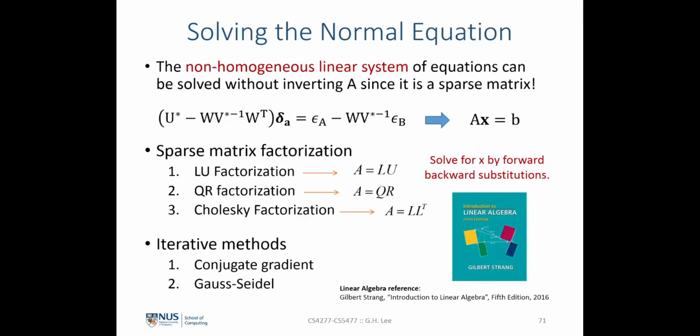To solve the system of non-homogeneous linear equations, which is equivalent to AX equals B, we can make use of many linear algebra techniques, such as the LU decomposition, where we factorize this A matrix into a lower and upper triangular matrix.